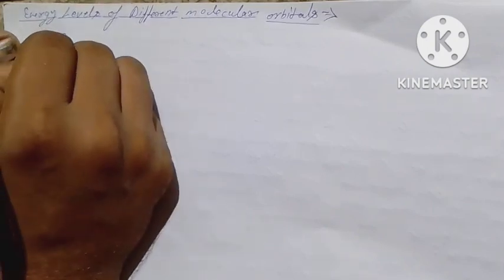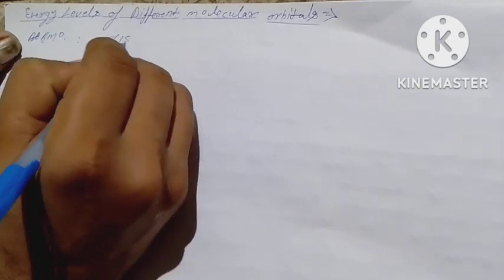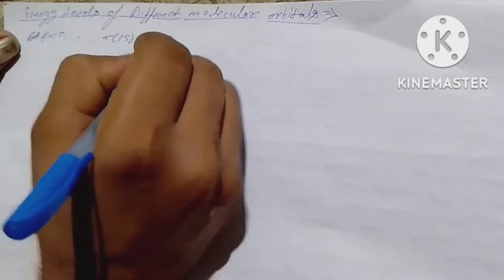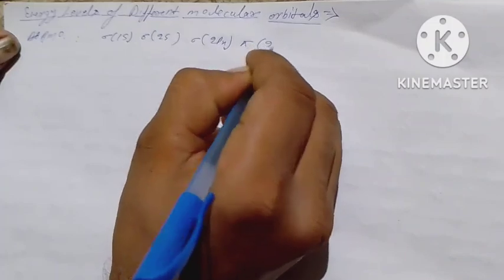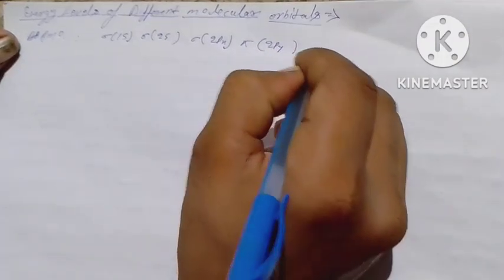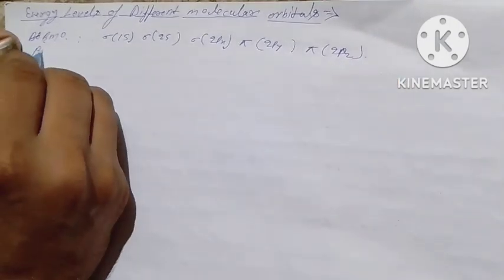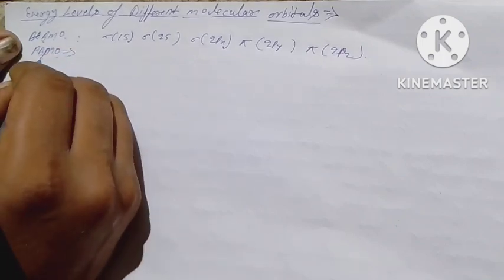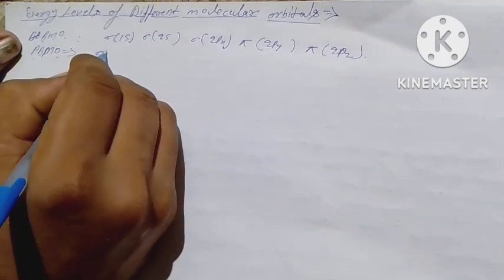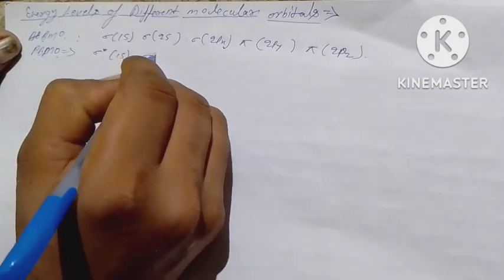BMO, bonding molecular orbitals, are sigma 1s, sigma 2s, sigma 2px, pi 2py, and pi 2pz.